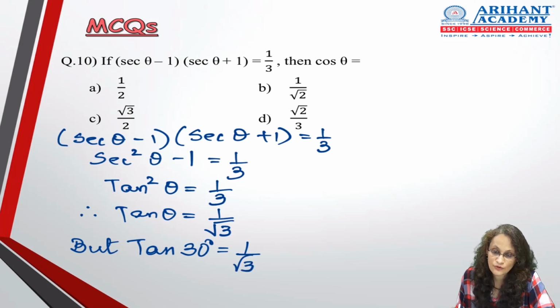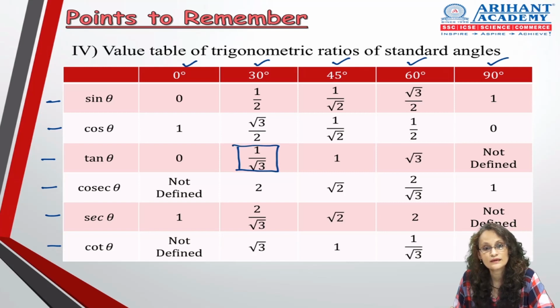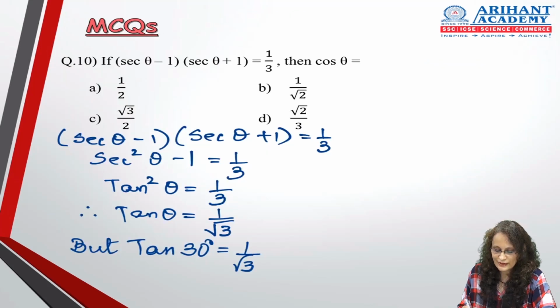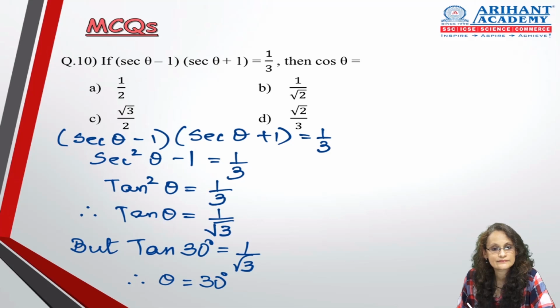In case you're not certain, let me swipe back. So see, tan of 30 is 1 upon root 3. But tan 30 is 1 upon root 3 is what I've written. So therefore I will get theta is equal to 30 degrees.